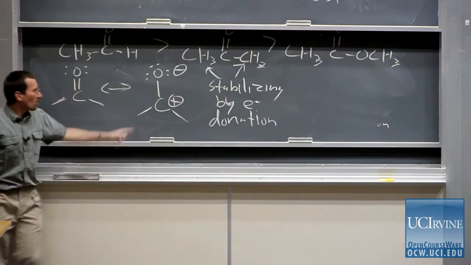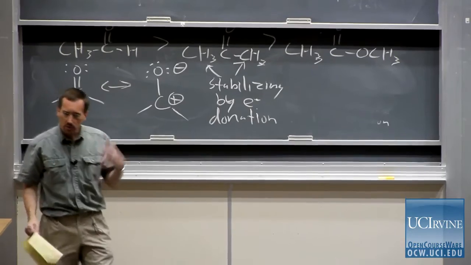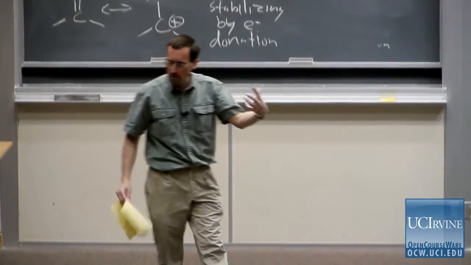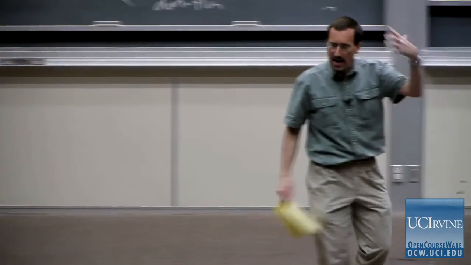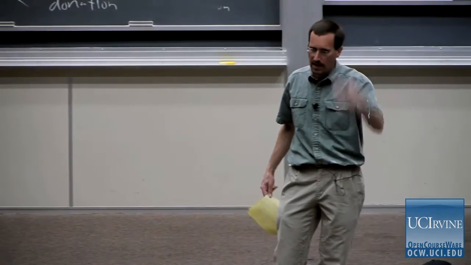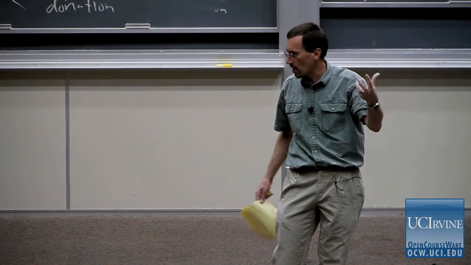When you learned about carbocations, you learned about hyperconjugation. You learned that a tert-butyl carbocation is more stable than an isopropyl carbocation, which is more stable than an ethyl carbocation.